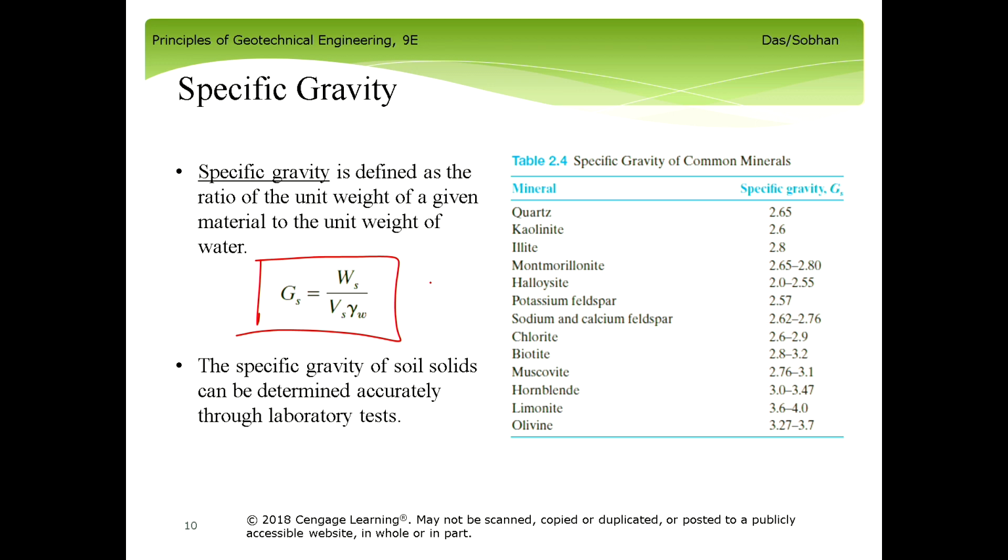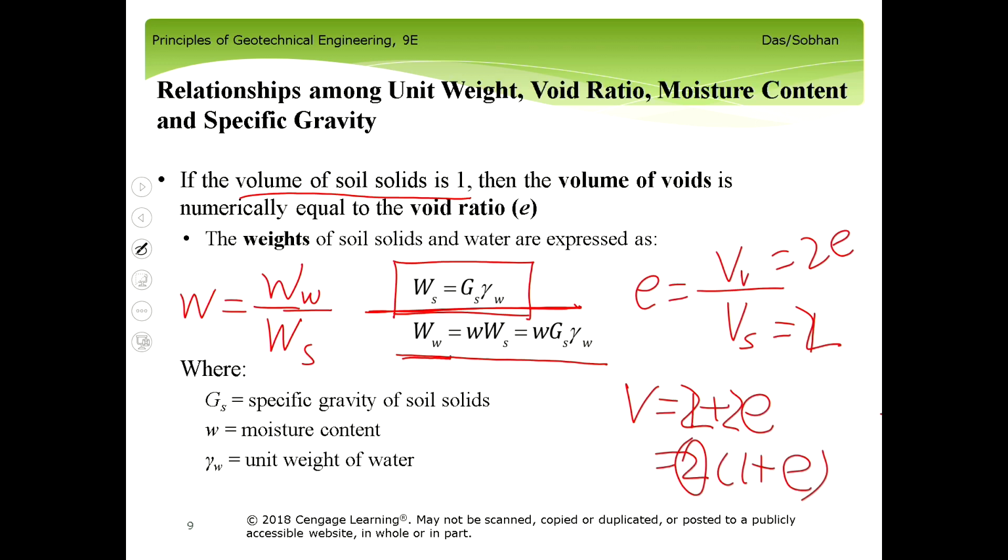It is in here. If we go to previous slides, then you can see Ws is Gs gamma W, right? This unit weight of water times the specific gravity is the weight of the material you want to calculate, right? That is, specific gravity is actually the ratio between the unit weight of the soil solids and the water weight, right?